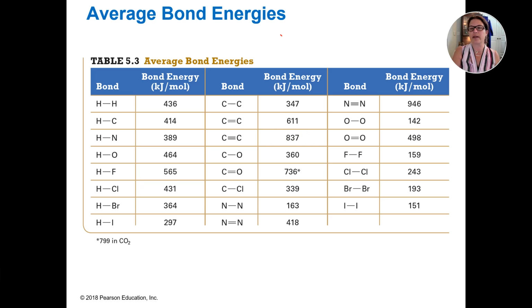So if I had something like this, for this double bonded oxygen, I have to use this number, but for this single bonded oxygen, I need to use that number. It's just important to pay attention to those details.